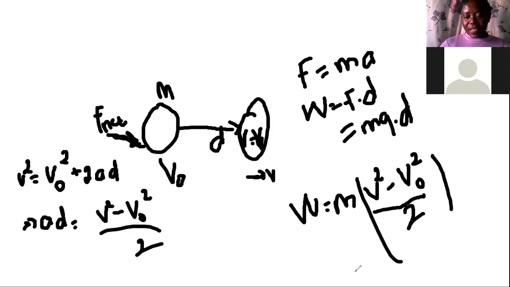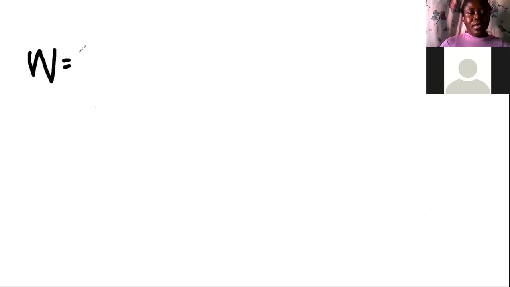If I multiply this out and factor, we have work is equal to the mass times the final velocity squared divided by 2, minus the initial velocity squared divided by 2, times the mass.